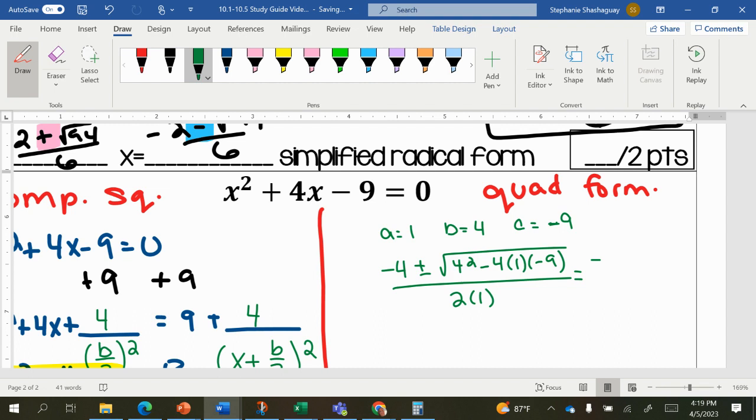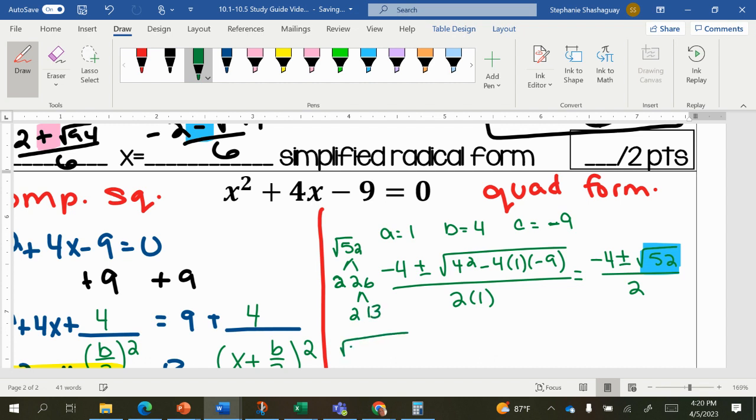So this is going to become negative 4 plus or minus the square root of 52 divided by 2. Well, 52 can be simplified. So we're going to take that square root of 52 and simplify that into 2 and 26. And 26 can be simplified to 2 and 13.